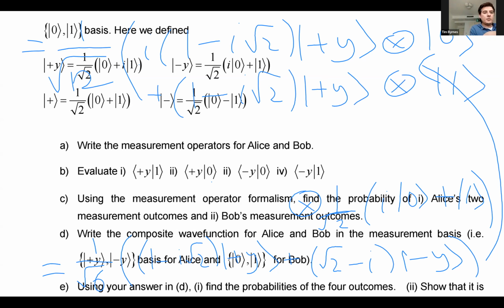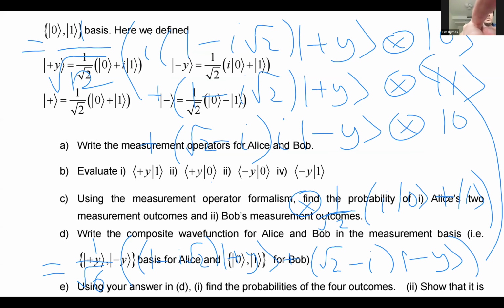The third term is this term and this term, so it's root 2 minus i times i of minus y and 0.